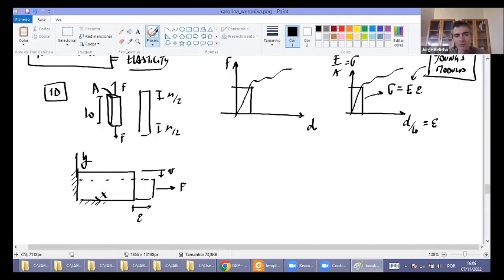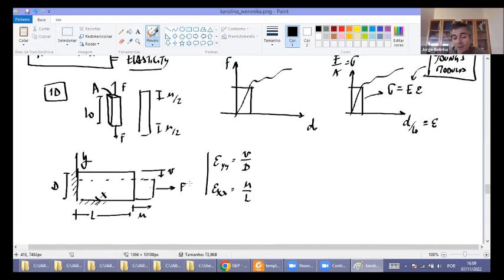And this will stretch the body in direction X, so it will be the U, correct? I know that this dimension is a known L and this dimension is a known D. So I can say that my epsilon YY is V over D and my epsilon XX is U over L. Okay, up to here is okay.